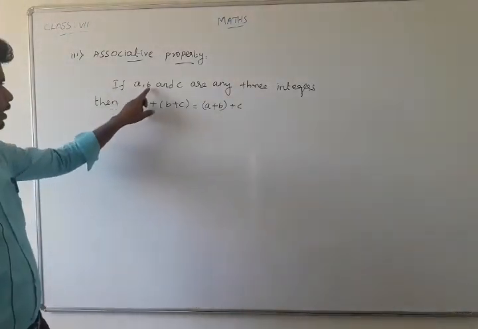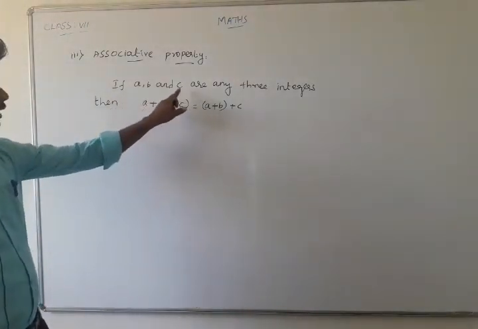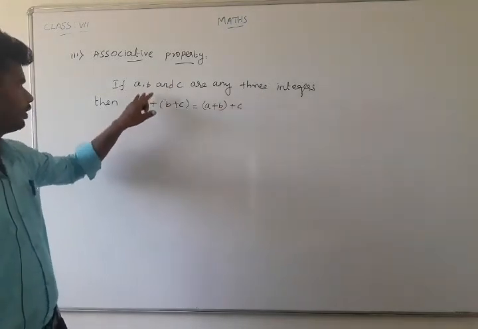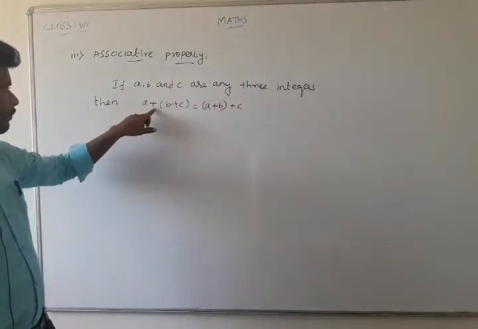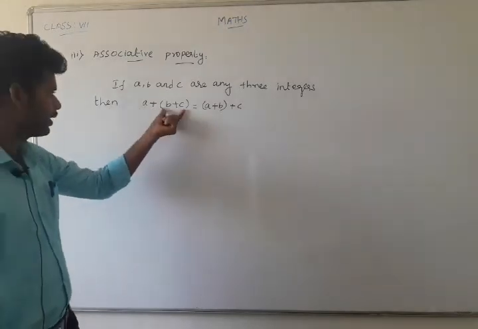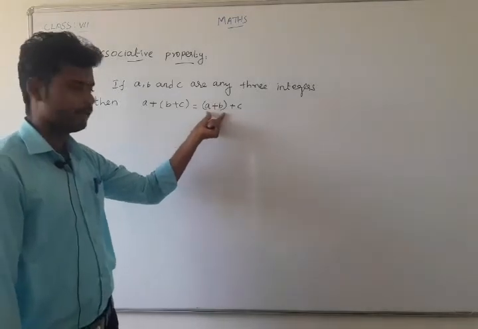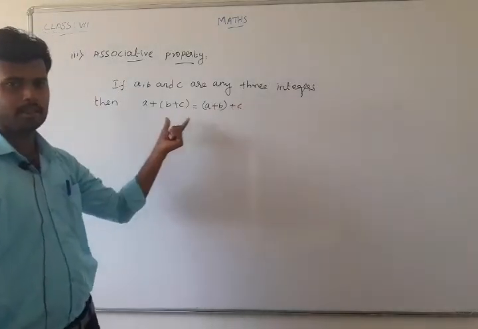If A, B and C are any three integers, then (A plus B) plus C equals A plus (B plus C), with brackets around B plus C.